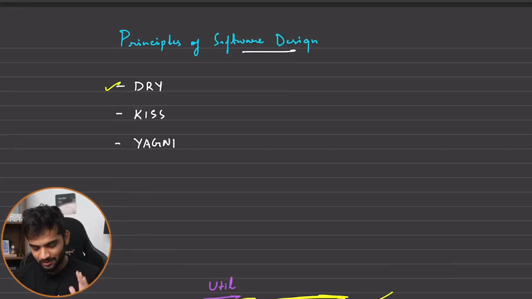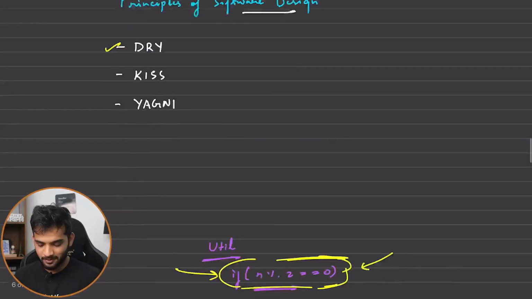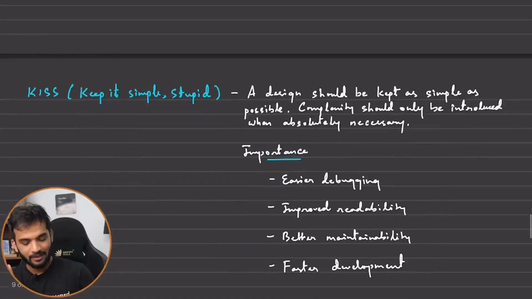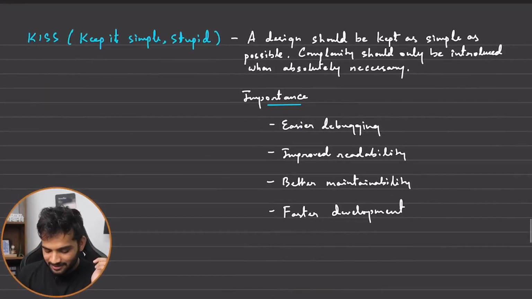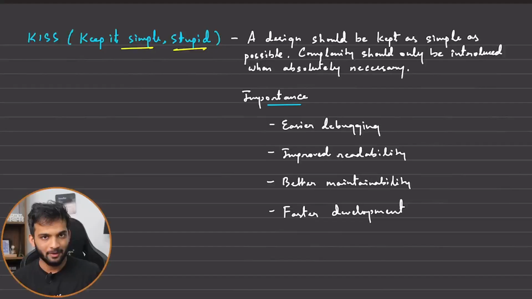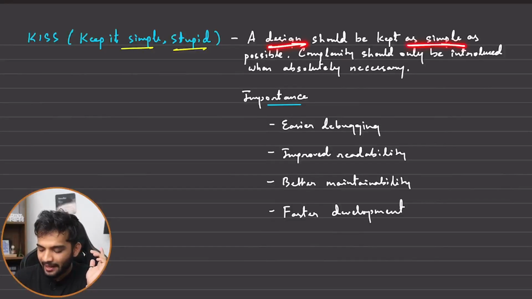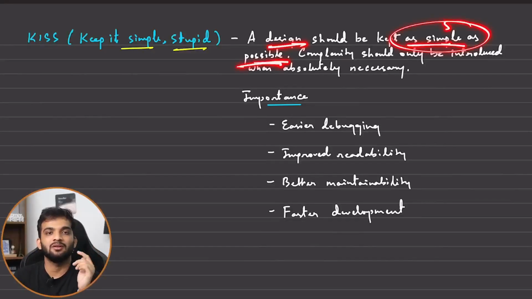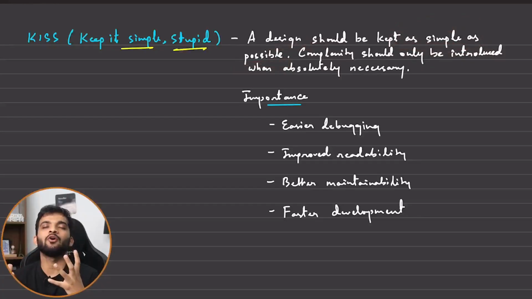What is the next? Yeah, the KISS principle. It is not the one that you're thinking of. Keep it simple, stupid. Yes. A formal definition: a design should be kept as simple as possible. Do not overcomplicate things.